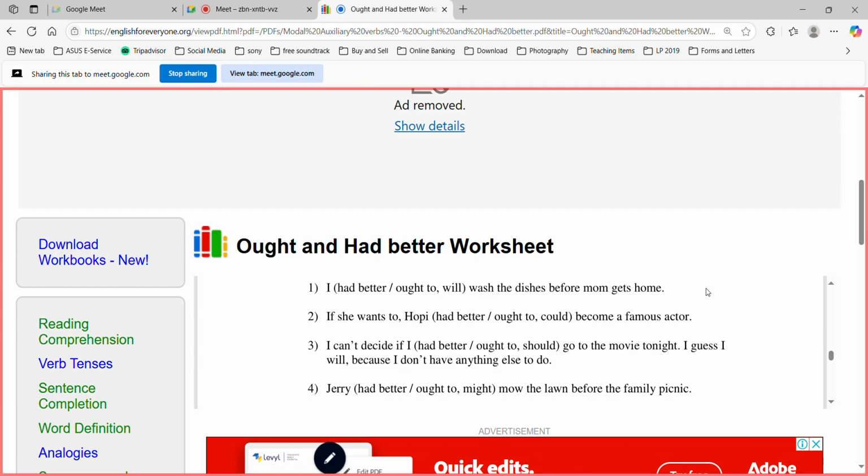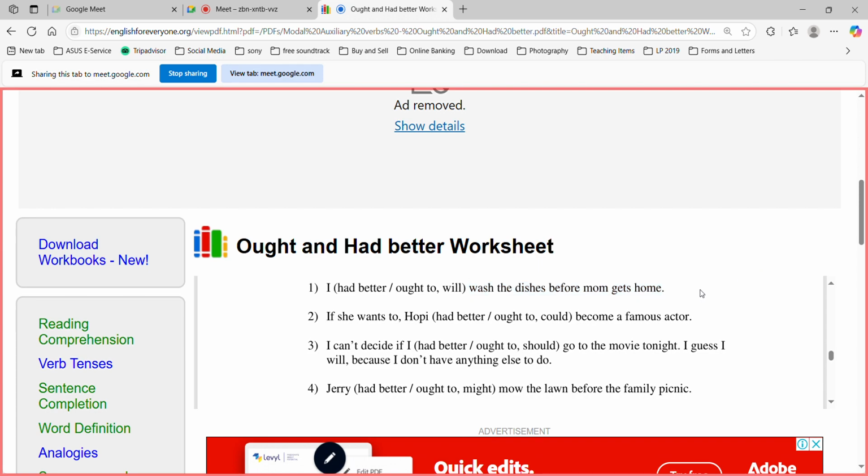Had better, like I said earlier, is the same as ought to. It shows the ideal, and also an obligatory tone. Wash the dishes before mom gets home. Saya perlu basuh pinggan mangkuk sebelum ibu saya balik.